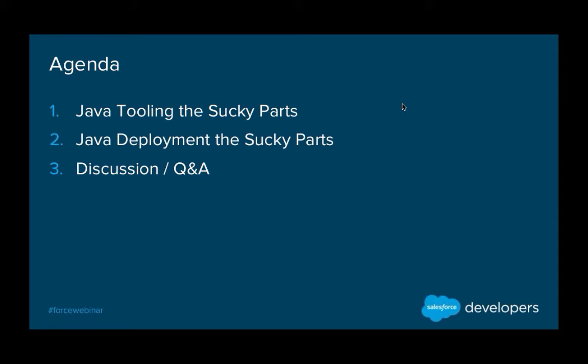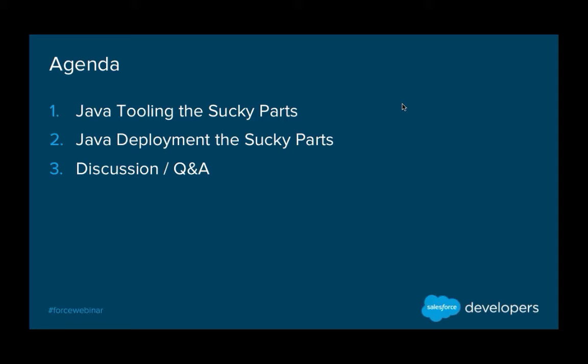Here's our agenda for today. I'm going to start out by talking about Java tooling, the sucky parts. I did a blog post recently about some hard places that we're at in the Java platform, and some things that we've been doing a certain way for a while that really should be different and could be a whole lot better.